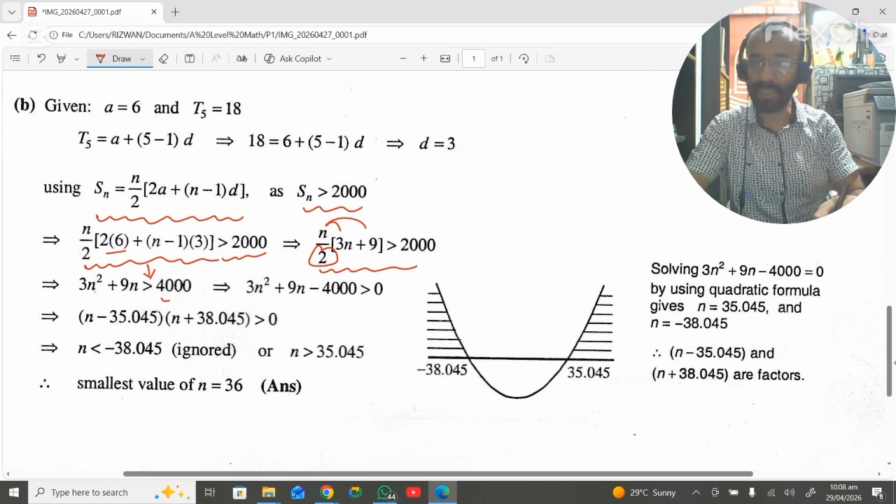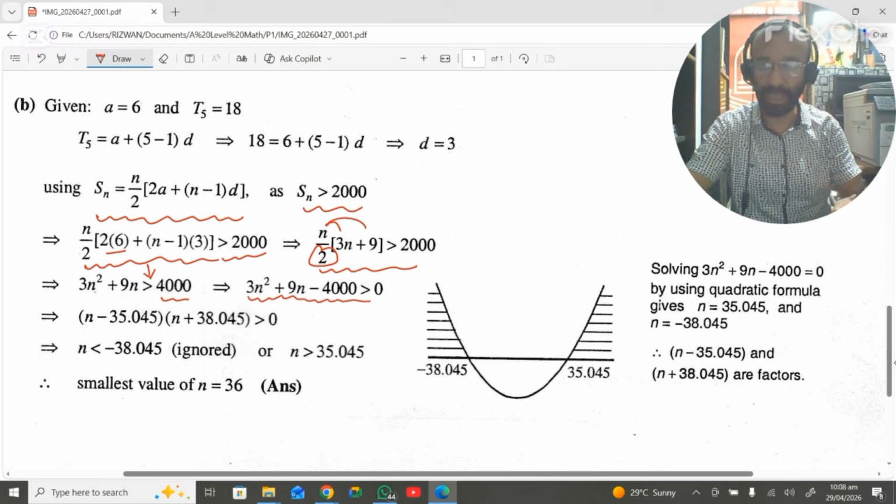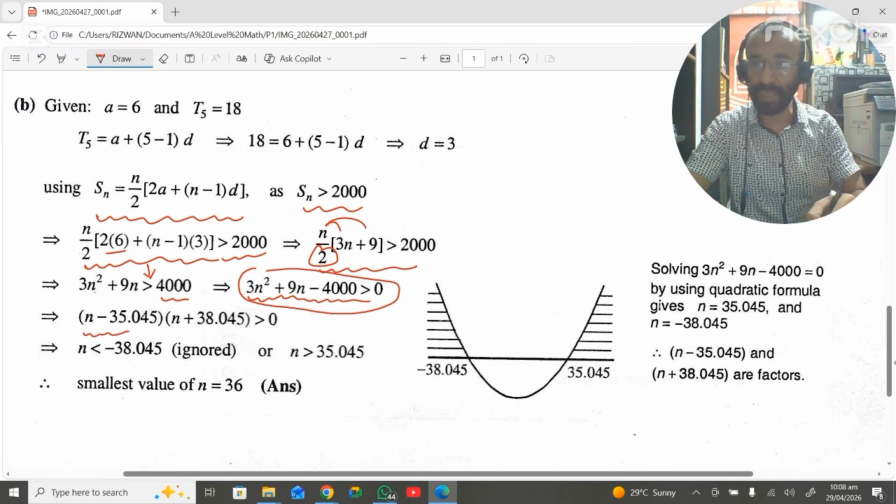From the right hand side, 4000 will come to the left hand side, and here we get the inequality 3n square plus 9n minus 4000 greater than 0. We will solve this with the help of the quadratic formula. After putting the values into the quadratic formula, you will get these factors, and the greater than 0 sign is still there.